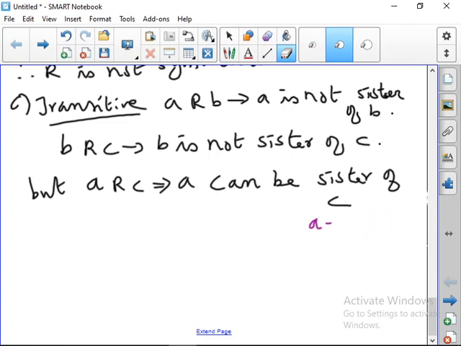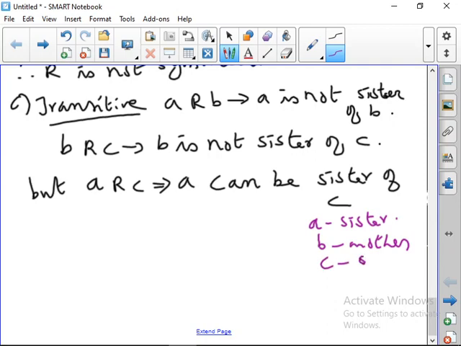A is a sister, B is mother and C is another sister. Then A is not a sister of B, B is not a sister of C, but C is a sister of A. So C is not a sister of A does not hold. Therefore it is not transitive. So R is not transitive.